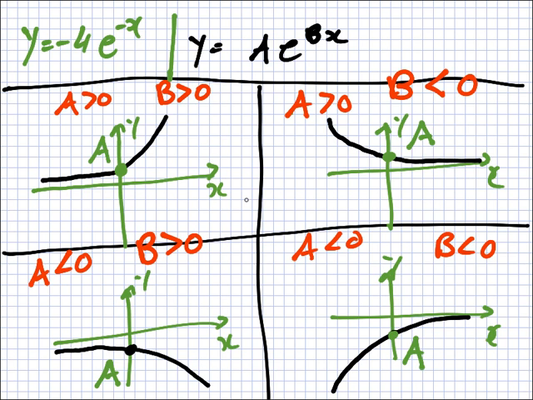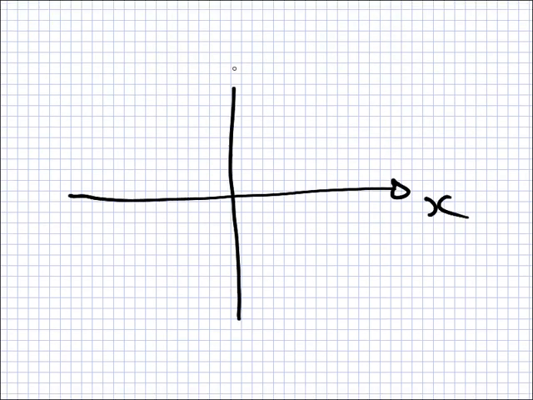Okay, do you have that drawn? Yeah? So which of the four situations is it? Bottom right, the last one, isn't it? So let's have a quick sketch here. It is y equals minus 4e to the minus x, isn't it?